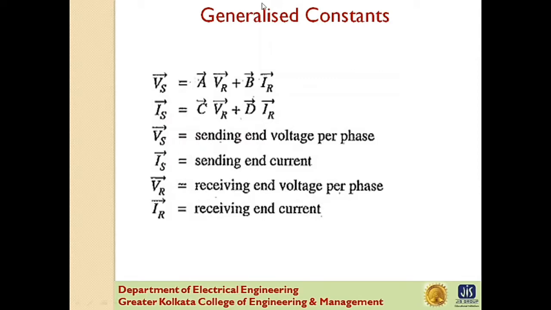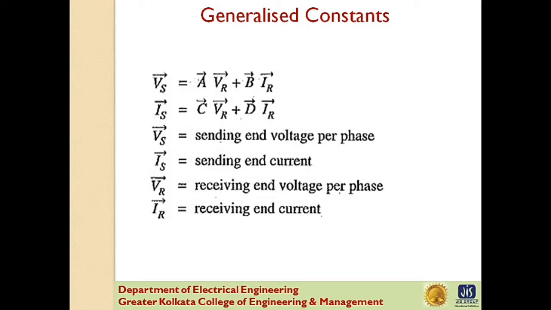Generalized constants. In any four-terminal network, the input voltage and input current can be expressed in terms of output voltage and output current. Incidentally, a transmission line is a four-terminal network, with two input terminals where power enters the network and two output terminals where power leaves the network.